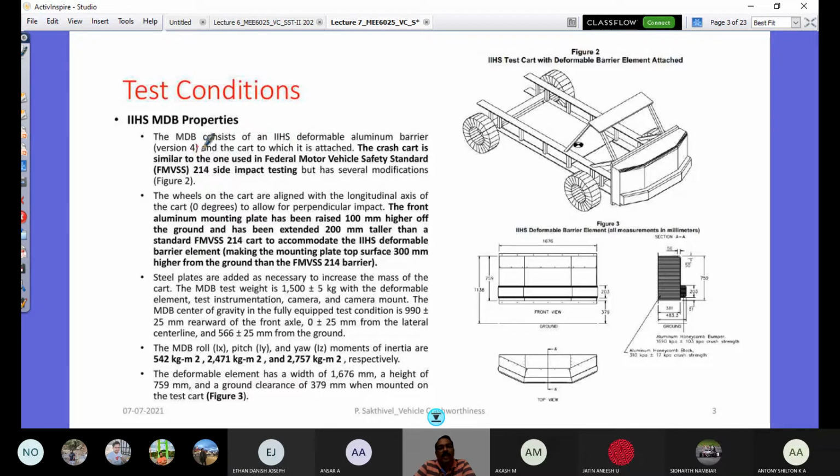The one in the figure is version 4, which is similar to the crash cart used in Federal Motor Vehicle Safety Standard 214 side impact test. The frontal test we have seen is FMVSS 208, and for side impact the regulation is 214.